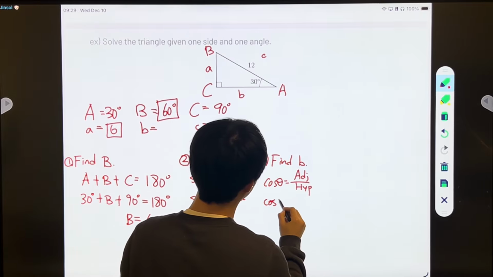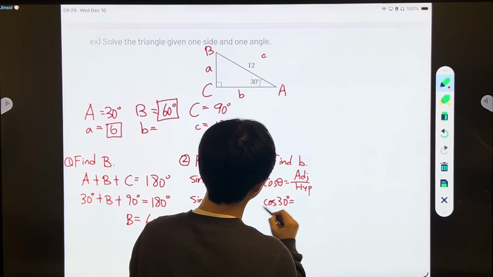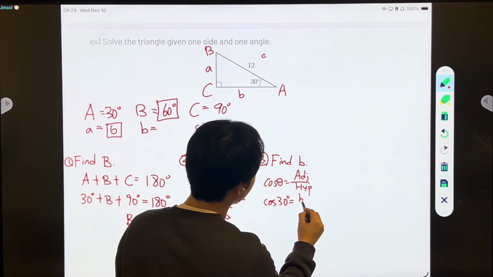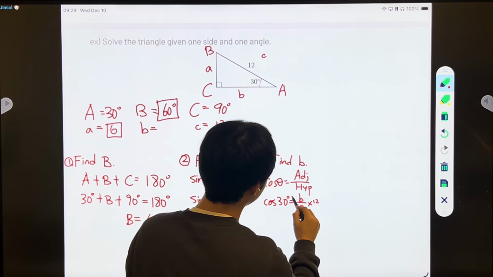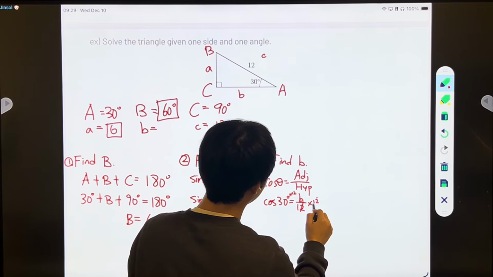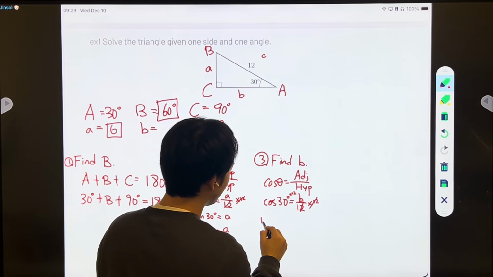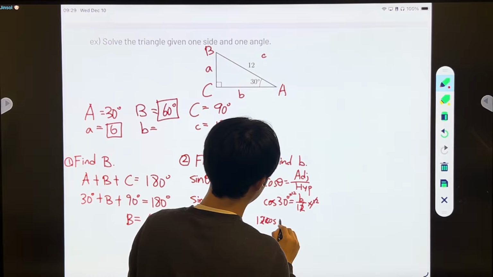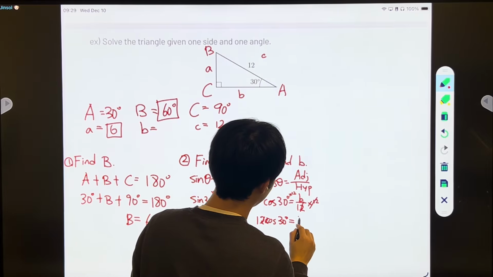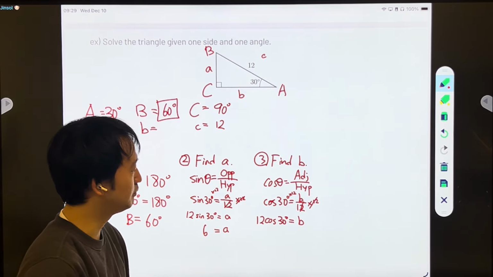And the cosine of 30 degrees is equal to, adjacent is b, over the hypotenuse, 12. So once again, we multiply both sides by 12, canceled on the right-hand side. So that's 12 cosine of 30 degrees is b.